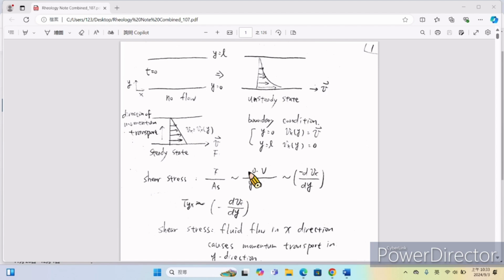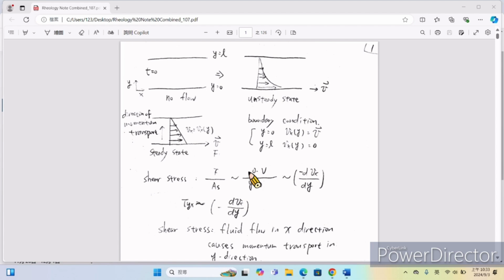So basically, you go from no steady state to unsteady state, and gradually you will form a steady state because you are pulling it using constant velocity. Right? Some of you may already have a background, so don't feel worried, because there are students who never took any fluid mechanics class. So I have to make sure we are on the same page.